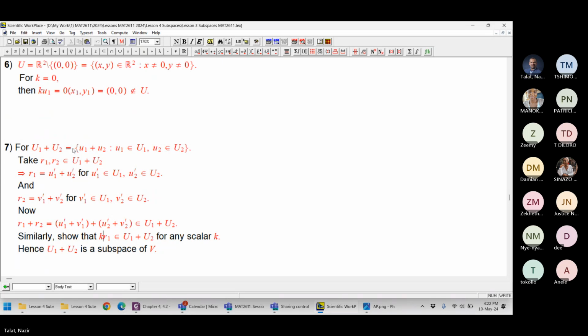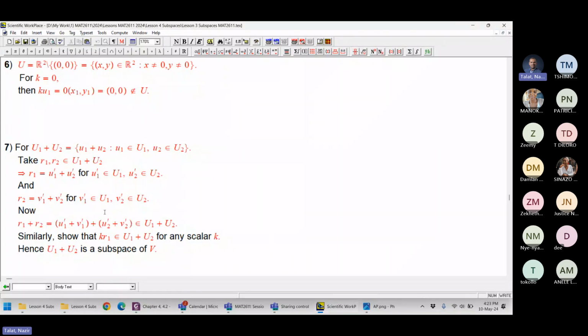For instance, if R1 and R2 belong to U1 plus U2, then R1 will be equal to a sum of that form, and R2 will also satisfy this condition. Then if you add both, the sum will be of this form, where the first element belongs to U1 and the second element belongs to U2.